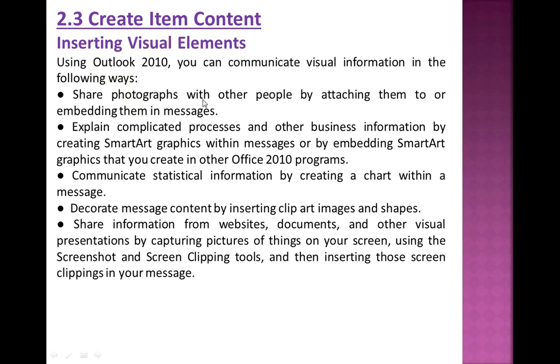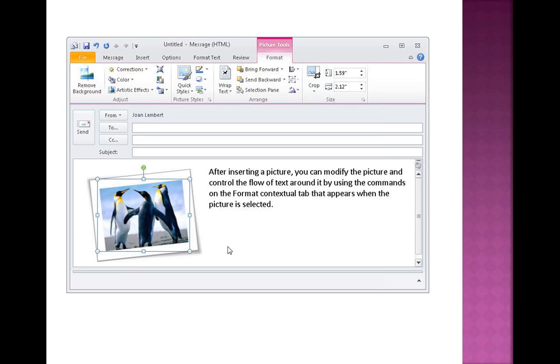You can communicate statistical information by creating a chart, decorate the message using clip art, and share information by using a hyperlink. You can insert, categorize, and develop all these kinds of elements in Outlook 2010.